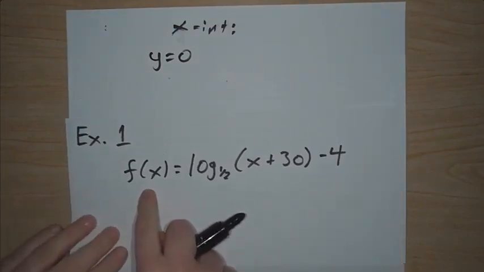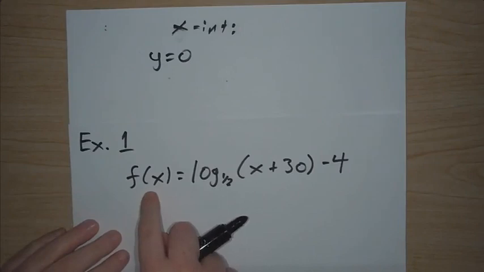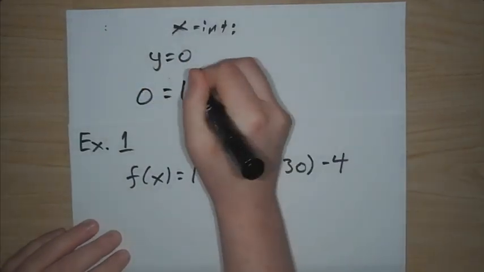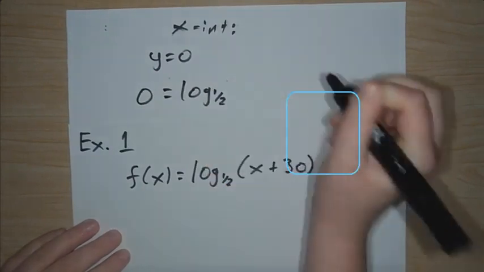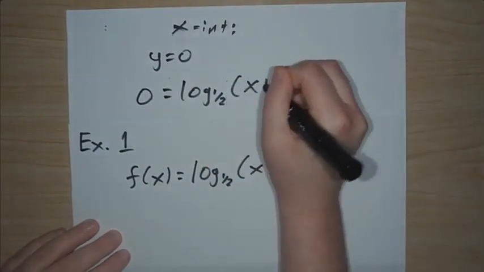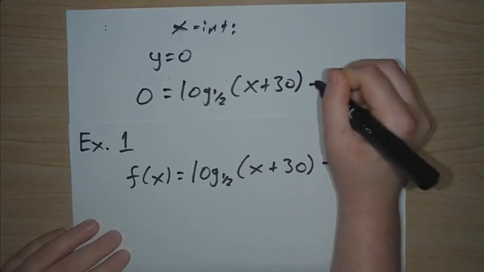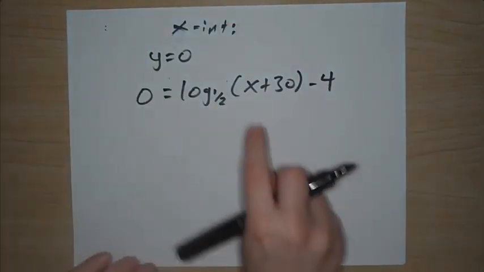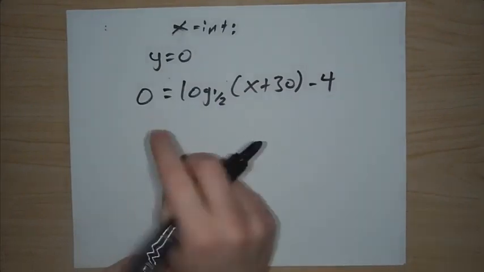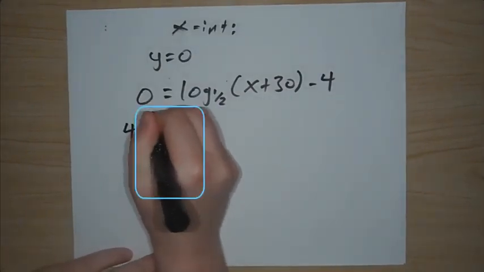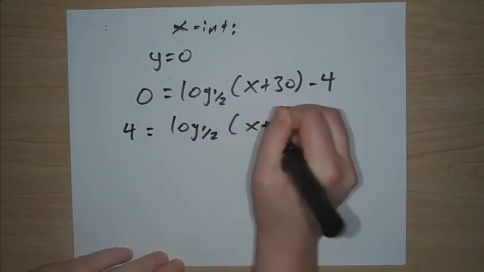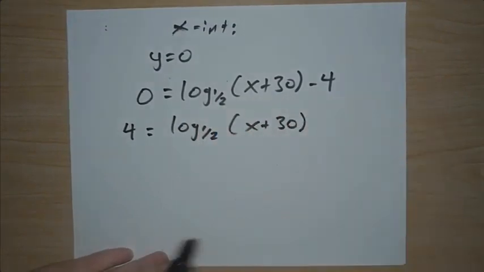So we're going to write 0 is equal to log base 1/2 of (x plus 30) minus 4. And now we need to solve for x. So we're going to add 4 to both sides. So 4 equals log base 1/2 of (x plus 30).